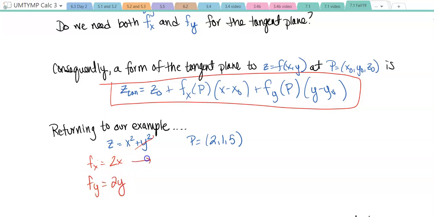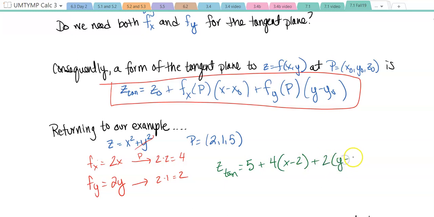So then at p, these become 2 times 2, so 4, and 2 times 1, which is 2. So then our tangent plane equation, z tangent, is equal to our z value 5 plus 4 times (x minus 2) plus 2 times (y minus 1).